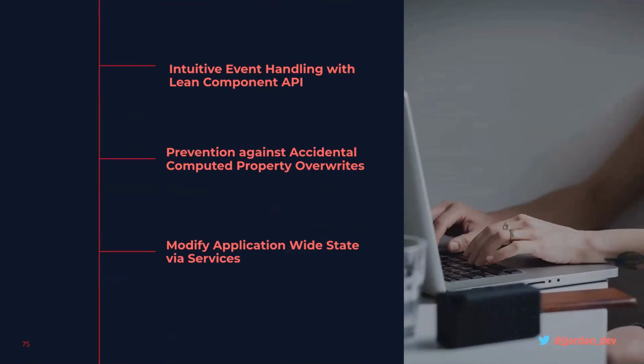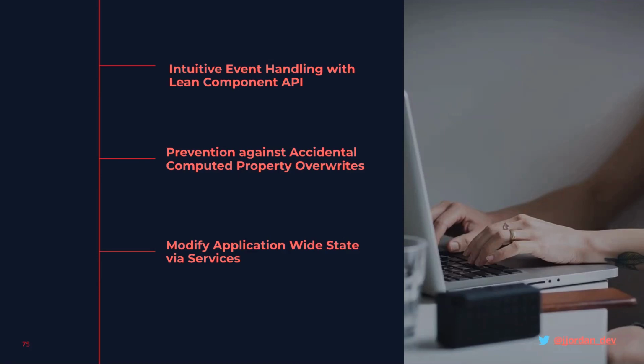We also had a look at the Glimmer component API that is much more trimmed down and makes it easier for us to reason about where events are handled and where we define events in our component class, and also the prevention against accidental computed property overrides with named arguments, which is very beneficial for us to write much more predictable components.